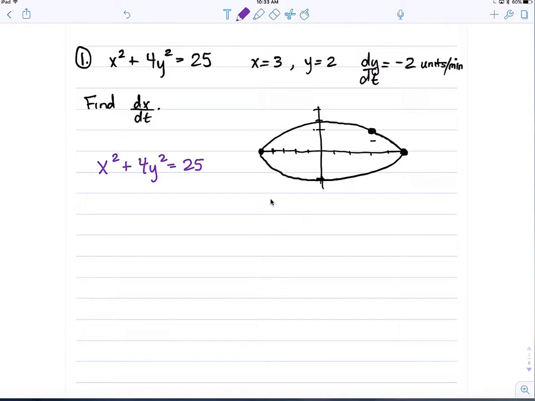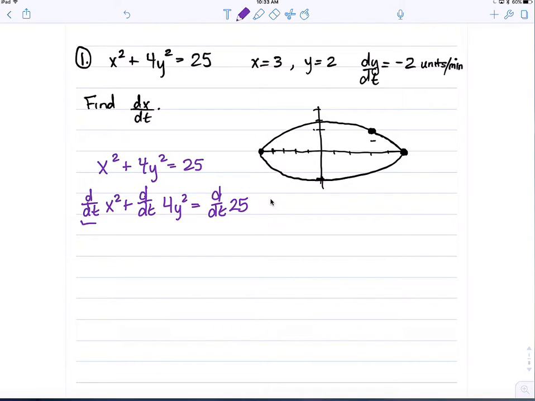So we're going to take our given equation, and take d/dt of each of the terms. That's x squared, and we're going to differentiate with respect to time our 4y squared all the way across. Let's do this first one.